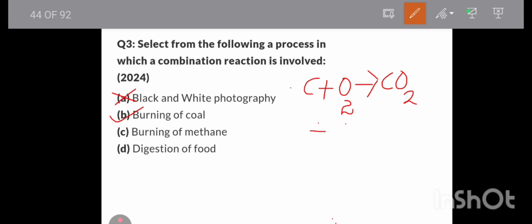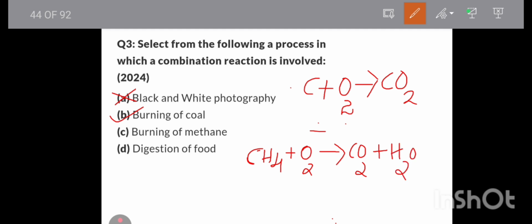Now you just see option C, burning of methane. Methane means CH4, right? So when natural gas or methane, CH4, is burning in the presence of oxygen, it will be producing 2 products: carbon dioxide and water will be formed. So it cannot be regarded as a combination reaction.